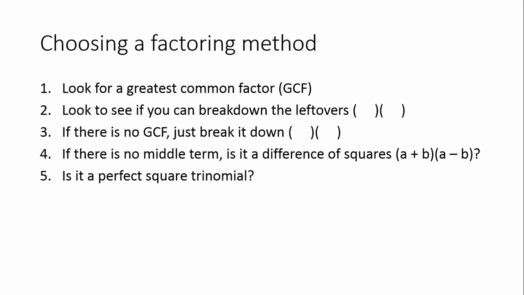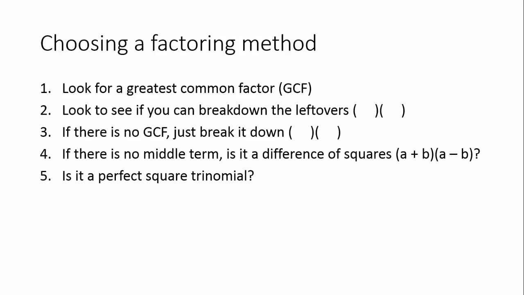Remember, when you are factoring, the first thing you want to do is see if there is a greatest common factor. Is there something that you can factor out in front to make it a little more simple to actually factor? Then you need to look and see what you have left, and if you can break that down, or essentially factor what's left over after you take out a greatest common factor.